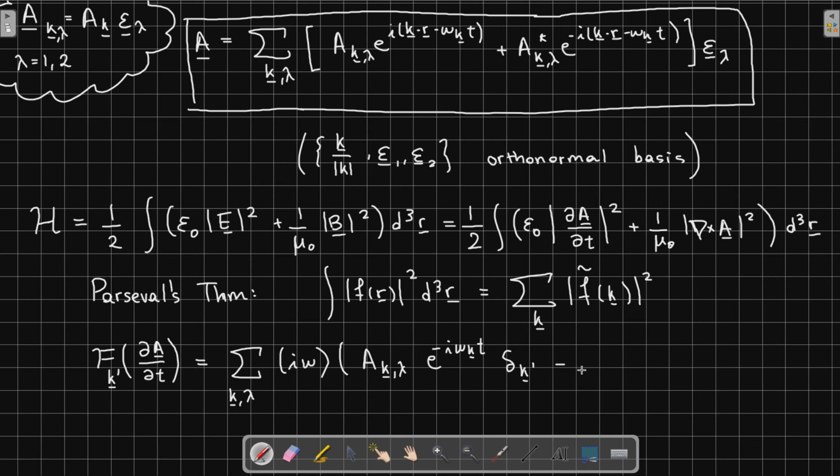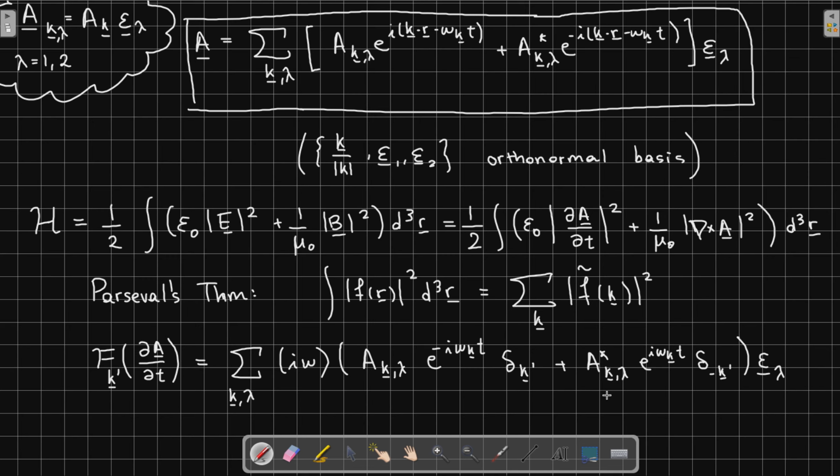Okay, and this is plus a_kλ complex conjugate e^(iω_k t) δ_(-k),k′. Minus because here we have a minus, and so when we do the integral, the delta function gets k minus k prime.